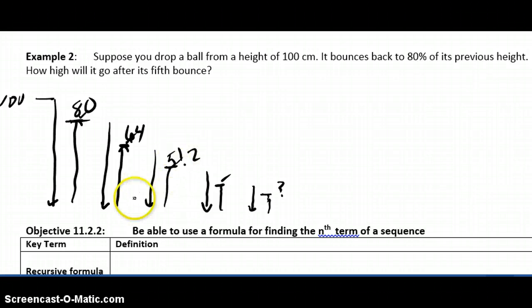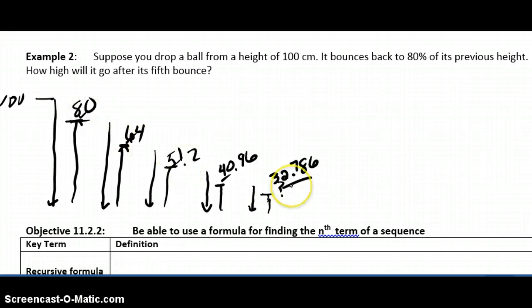I'll take that 51.2 times 0.8, and I'll end up with 40.96. And one more time, 40.96 times 0.8, and I'll end up with 32.768. And that's the height of my ball after 5 bounces.